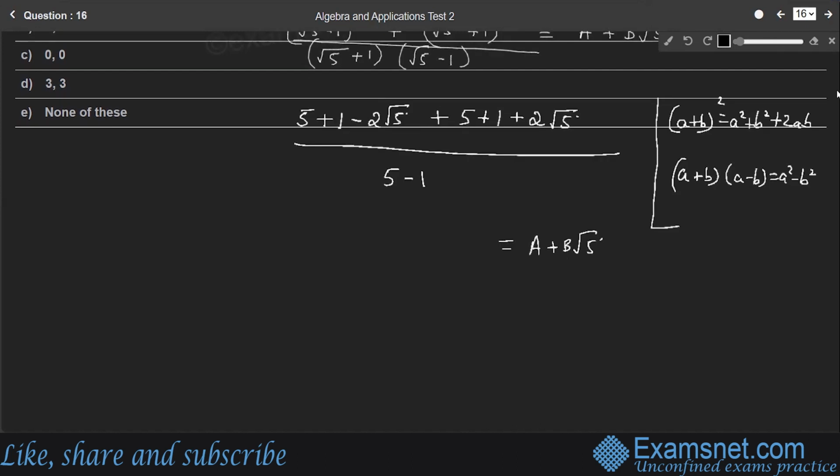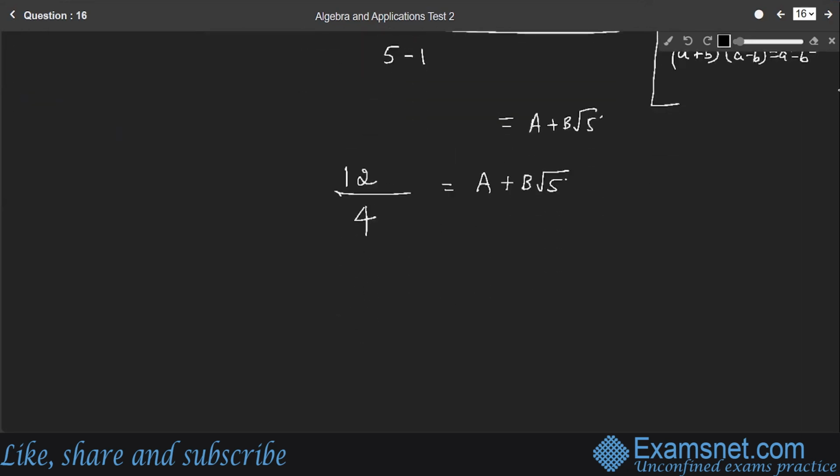Consider the left hand side: 5 plus 1 plus 5 plus 1, which is 12. Minus 2 root 5 plus 2 root 5 will get cancelled. The denominator is 5 minus 1, which is 4, is equal to a plus b root 5. Right? So, 12 by 4 is 3, is equal to a plus b root 5.